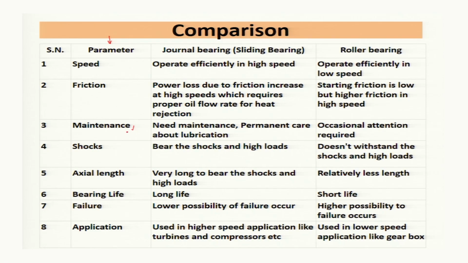So, from the maintenance point of view, the rolling element bearings are better. On the parameter shock, as the journal bearing is separated by a layer of lubricant, the damping property is good, and so the sliding contact bearing can bear shocks and high loads.